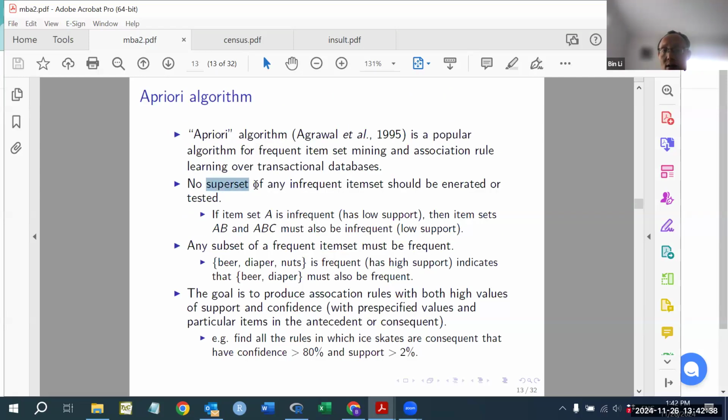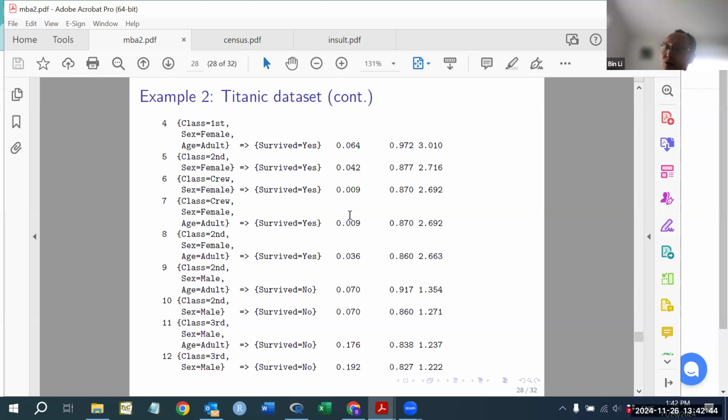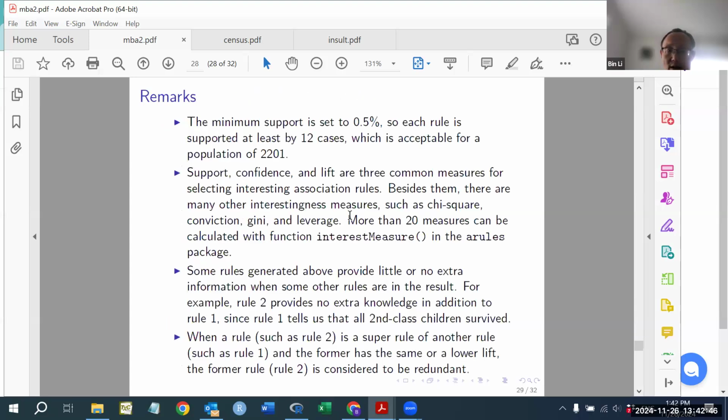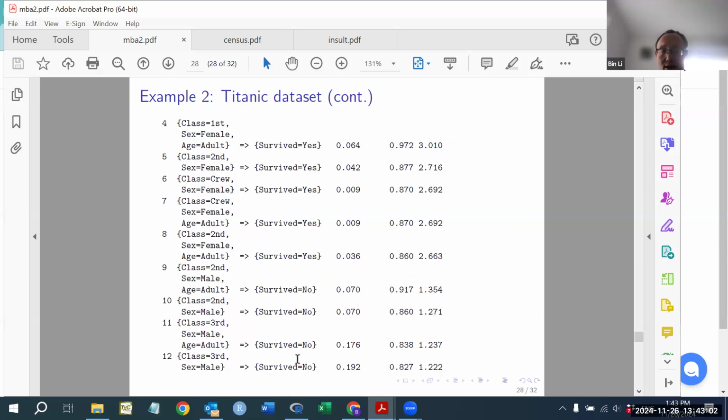So superset means that it is included. So this condition is actually included in this. So that's why we said the left-hand side for rule 2 is a superset of rule 1. Okay? So these are the 12 rules.